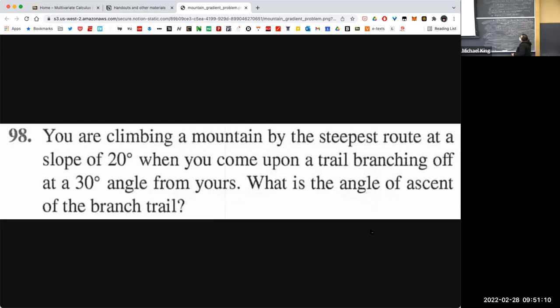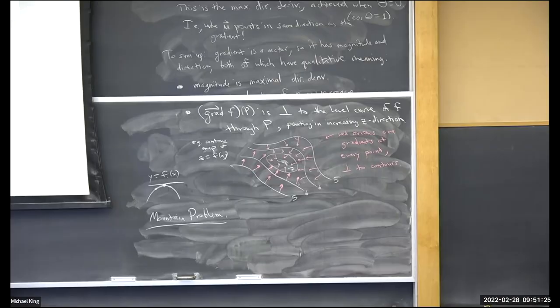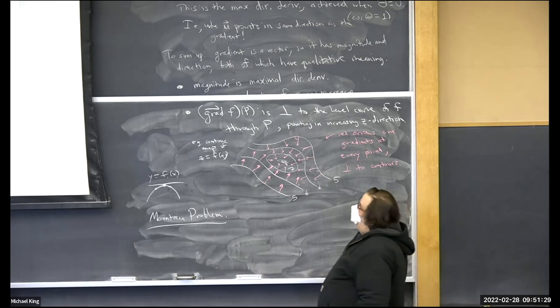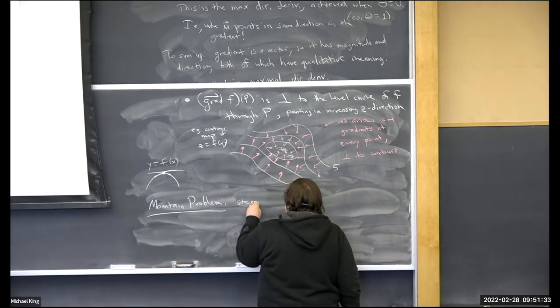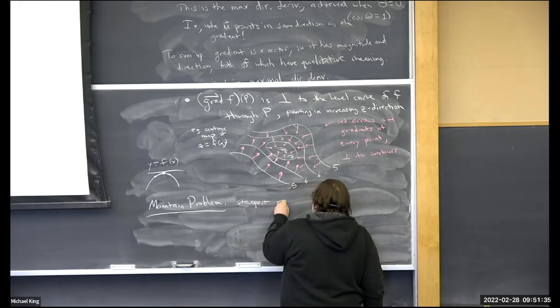So, mountain problem. Let me stop the share again. I only have about 10 minutes left, so I might do this a little bit quickly. The steepest route is a 20-degree slope, like a grade, right?